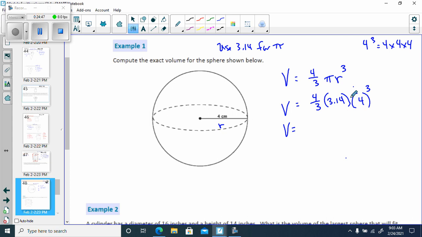I'm just trying to make sure everybody knows what they're doing. 4 divided by 3 times 3.14 times 4 times 4 times 4. And if I do that, I get 267.9, okay? 267.9. And that would be, since we're doing volume, cubic centimeters. Okay?